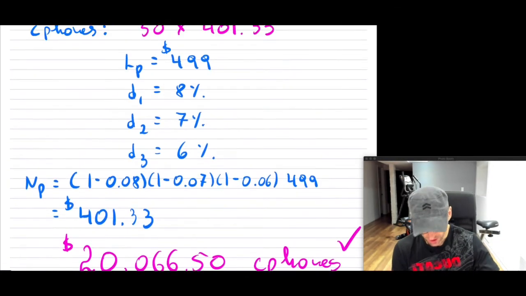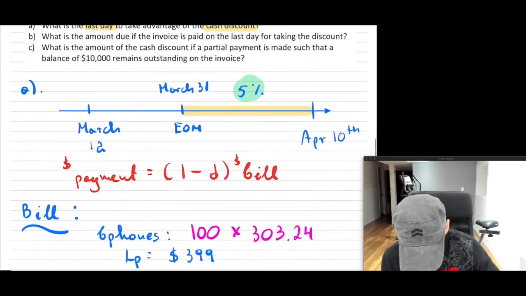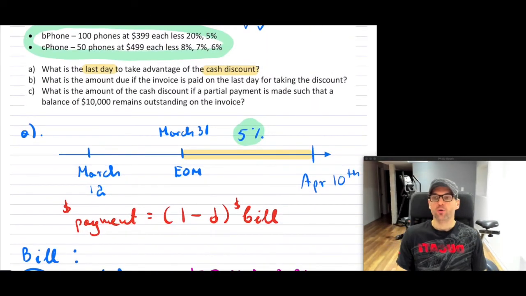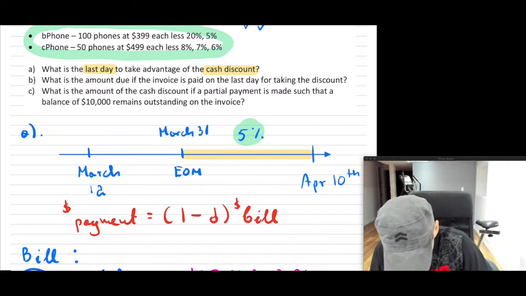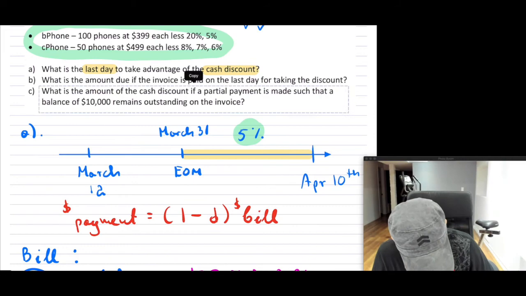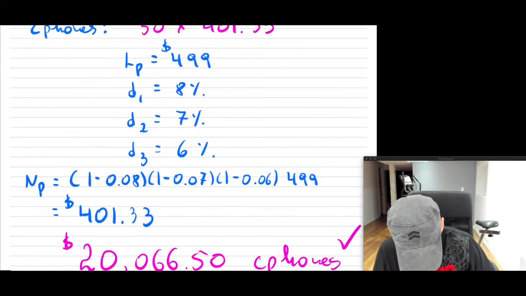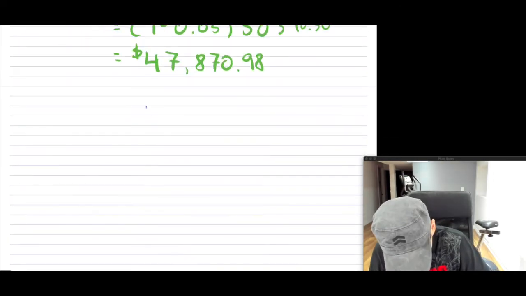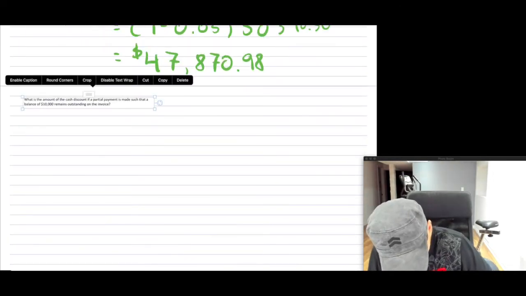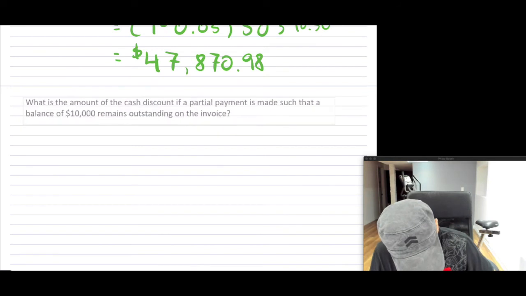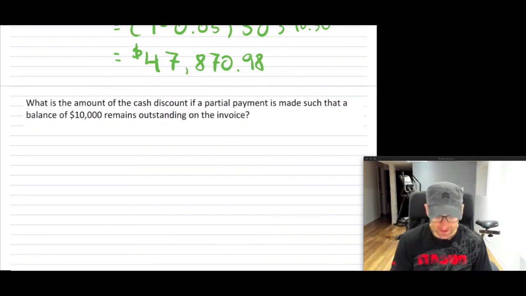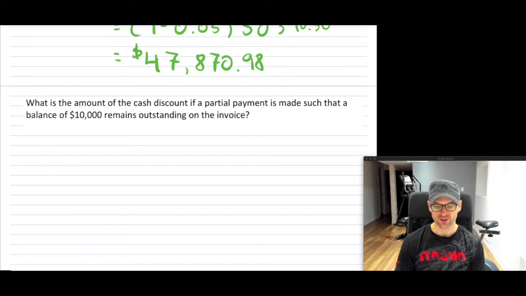Last part, part C. So for part C, it says, what is the amount of the cash discount? Let me copy this down here. What is the amount of the cash discount if a partial payment is made such that the balance of 10,000 remains outstanding on the invoice.